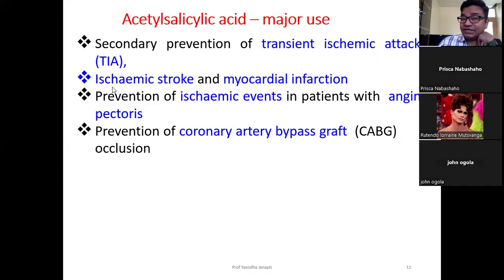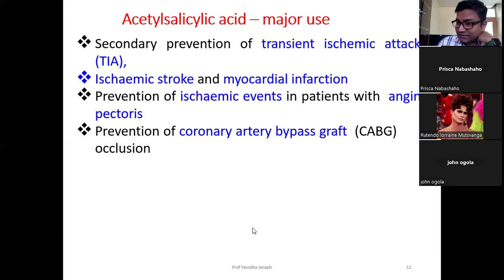Then it's also used in ischemic stroke, myocardial infarction, prevention of ischemic events in patients with angina pectoris, and prevention of coronary artery bypass graft occlusion.